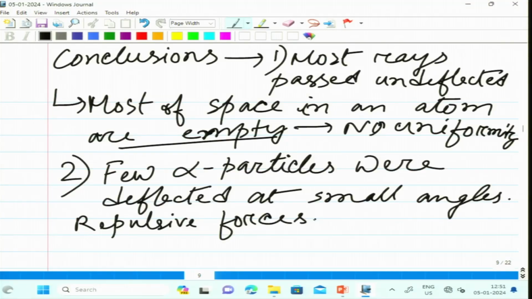When the alpha particles approached the positive part of the atom, that is the protons, they deflected due to the repulsion of like charges. The nearer the distance between the alpha particles and the protons, the higher the degree of deflection.